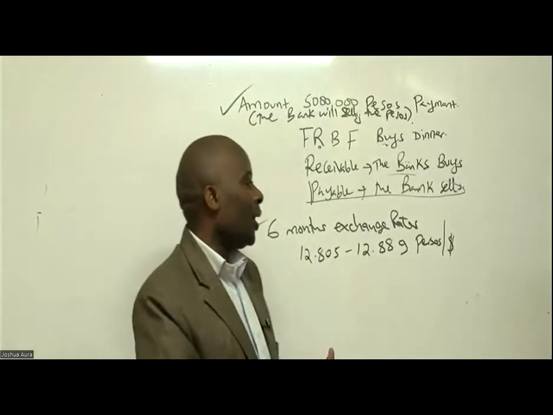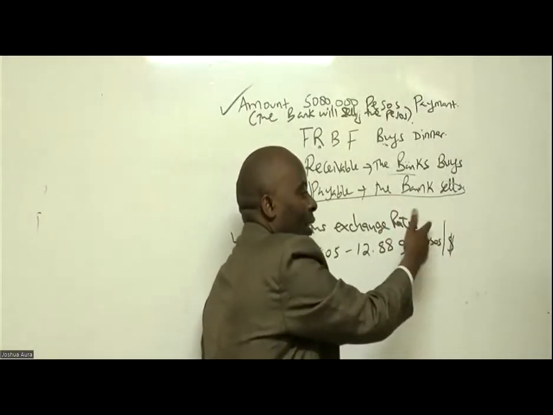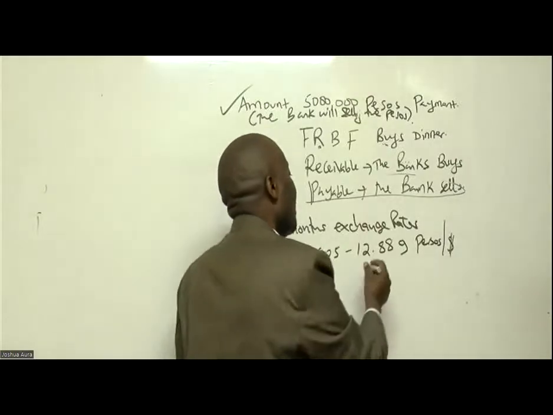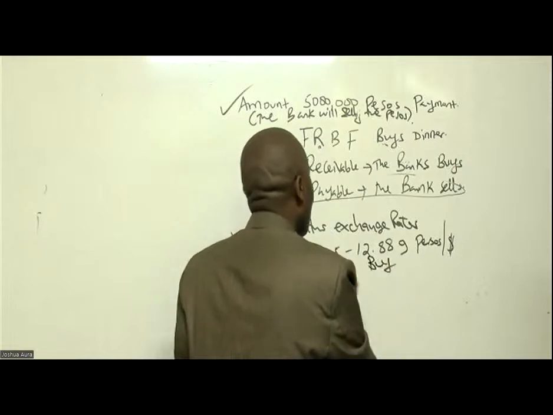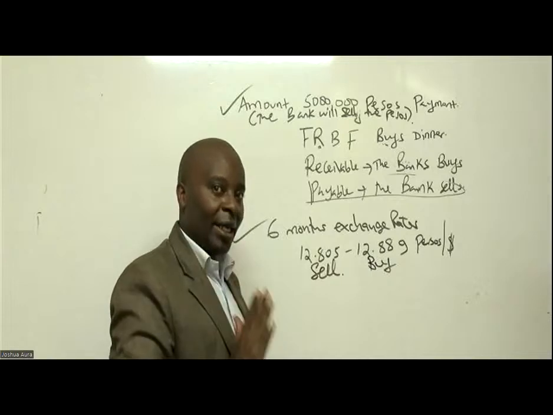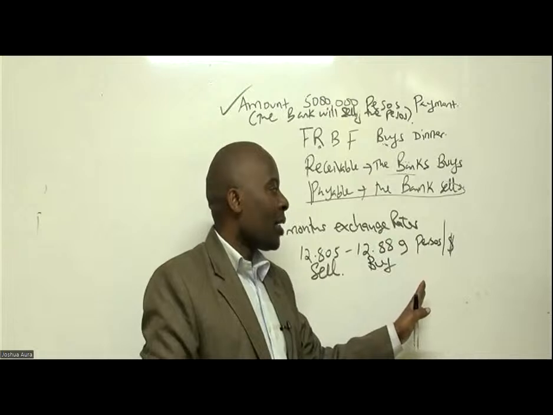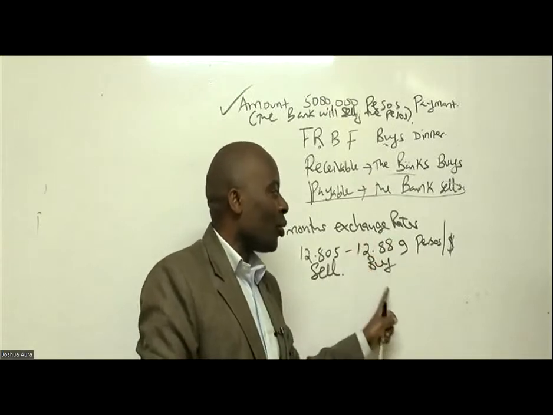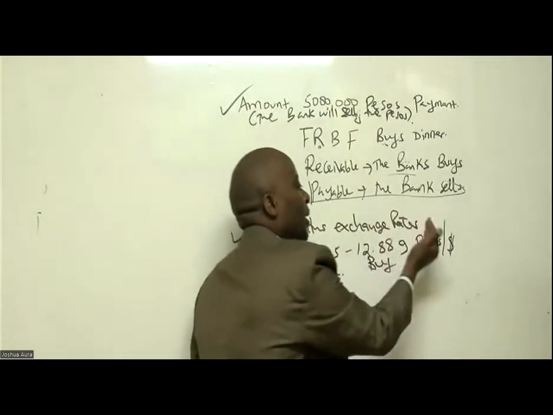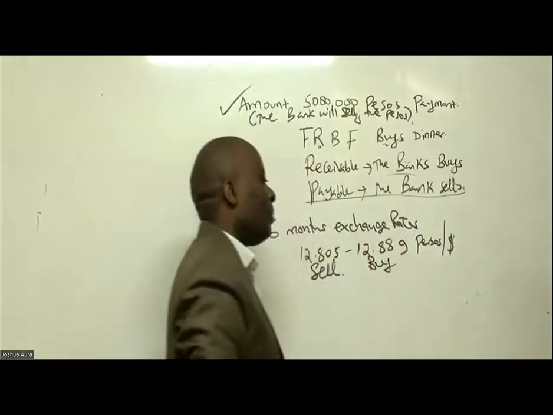The dollar is on the right side, and if the dollar is on the right side, then this becomes the buy, and this becomes the sell. The buying is normally based on where your home currency is found. If your home currency is the second currency, per dollar on the right side, then the right figure becomes the buy.